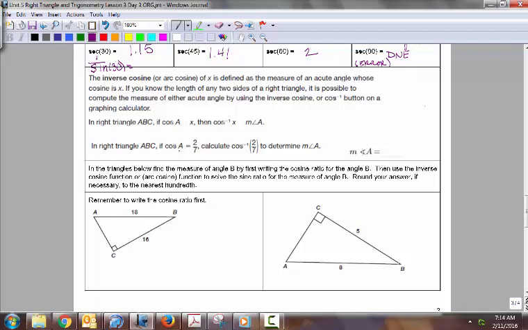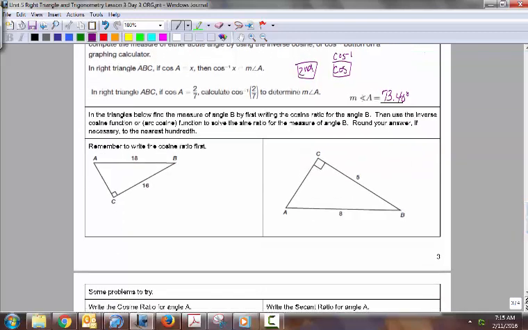If we have a cosine ratio for angle A that's 2 over 7, then we can calculate the measure of angle A by using the inverse cosine function. You look for your cosine button on your calculator, and you might have to press second or shift to get the inverse cosine function, which is probably written above it.